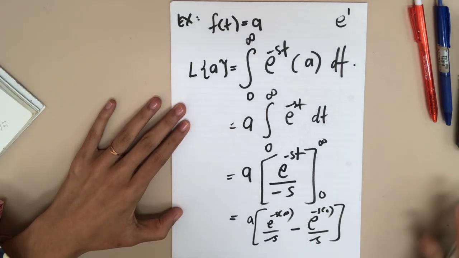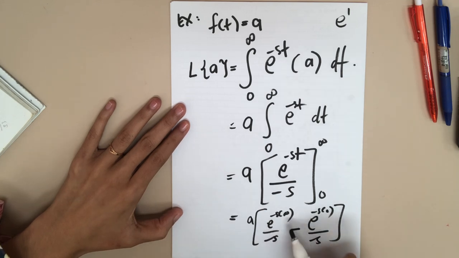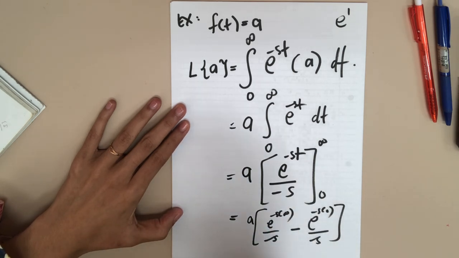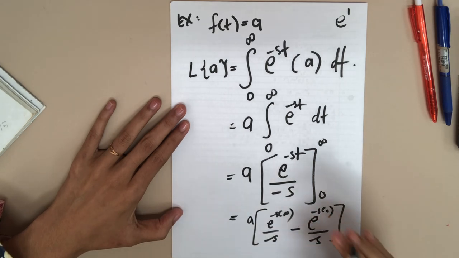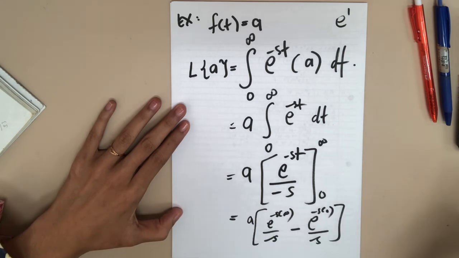Here you can see that even though e has a negative s, when it comes to multiplication with infinity, infinity is a big number. Whatever number s is, let's assume s is 2. When 2 is multiplied with infinity, let's say infinity here is a million, a million times 2 is still considered a million. A small number times a big number still gives a big number.